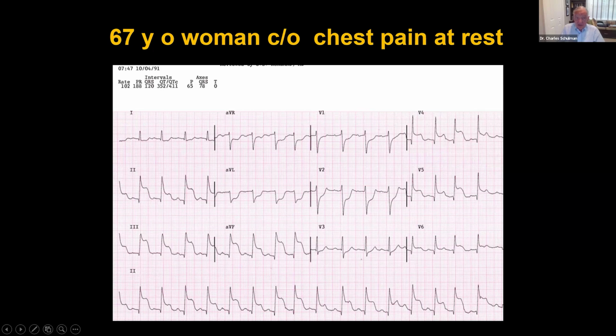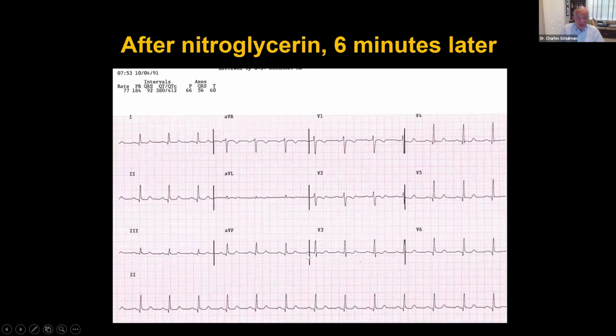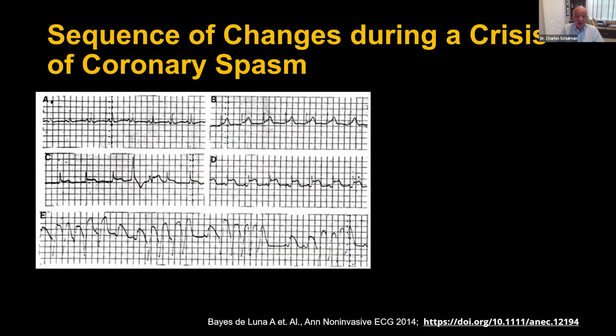Well, the treating doctor gave her nitroglycerin. And this is what happened. Notice the time. This is 6 minutes later. The ST elevations are gone. This is coronary vasospasm, or Prinzmetal angina, and this is a monitor tracing of spasm that's occurring.